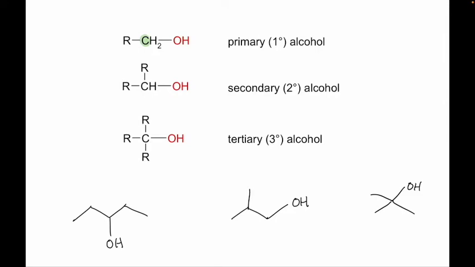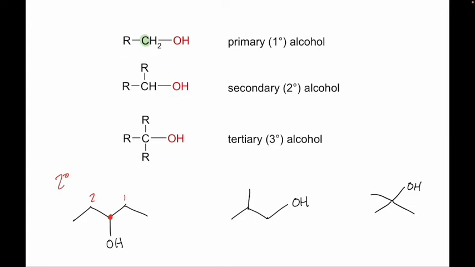What do we think this first one is? Primary, secondary, or tertiary? Secondary, right? We look at the carbon at the base of that OH group and just count how many carbon neighbors it has. So in this case, this one is a secondary alcohol.